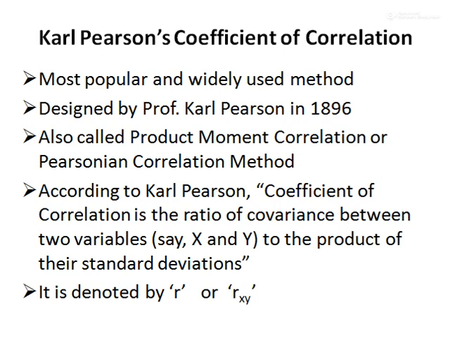Karl-Pearson defined coefficient of correlation in a more specific and precise manner. According to him, coefficient of correlation is the ratio of covariance of two variables to the product of their standard deviations.